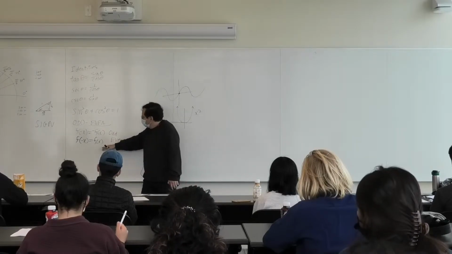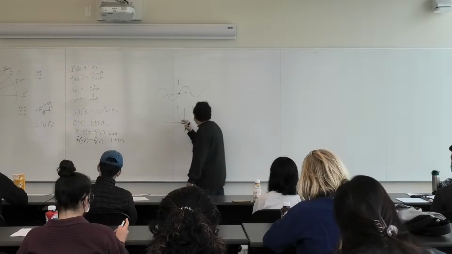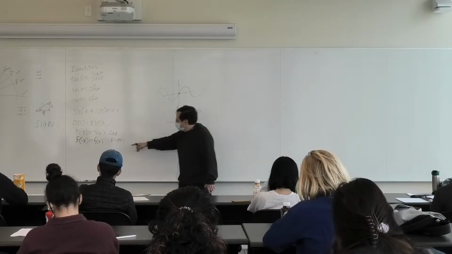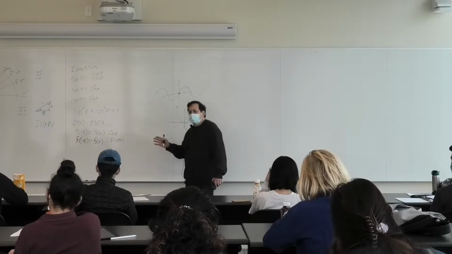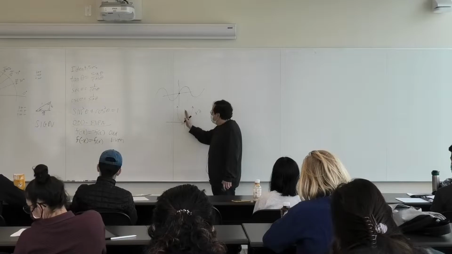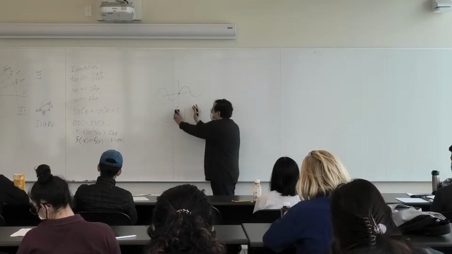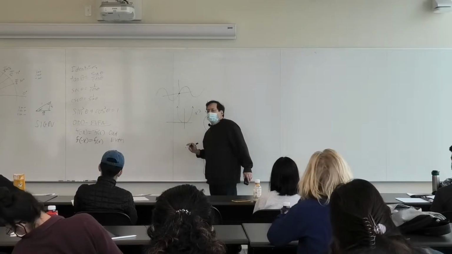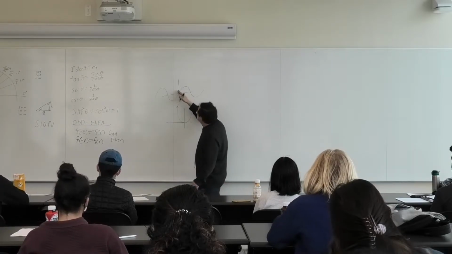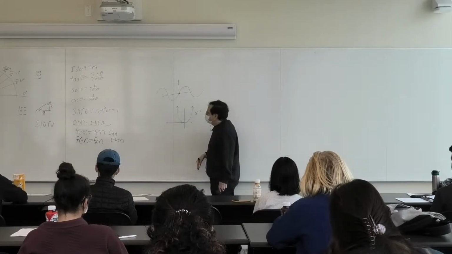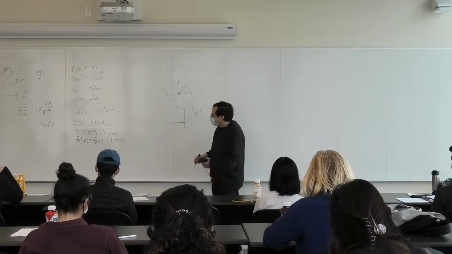If I plug in negative x into x squared, I get x squared. That's f of x. That's one way. Or you can look at the graph. If the graph is symmetric around the y-axis, then it's even. If it's symmetric across the origin, it's an odd function.